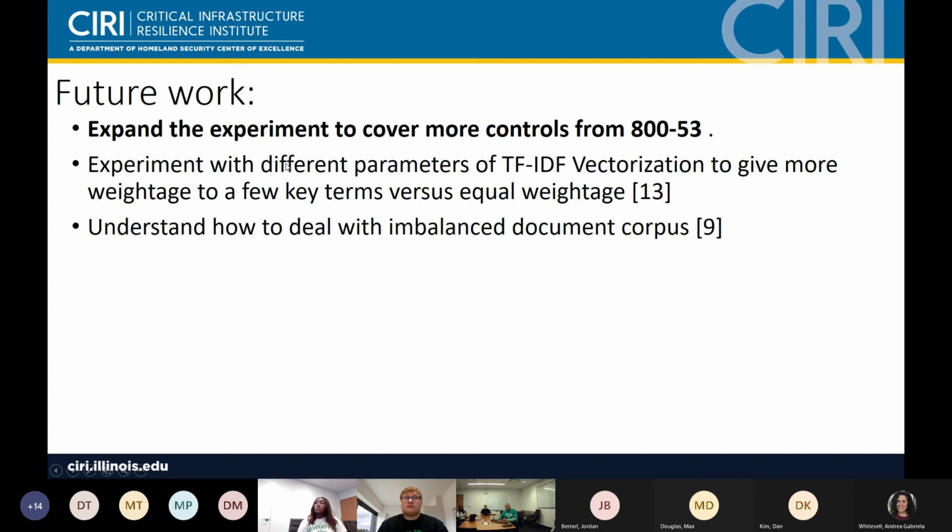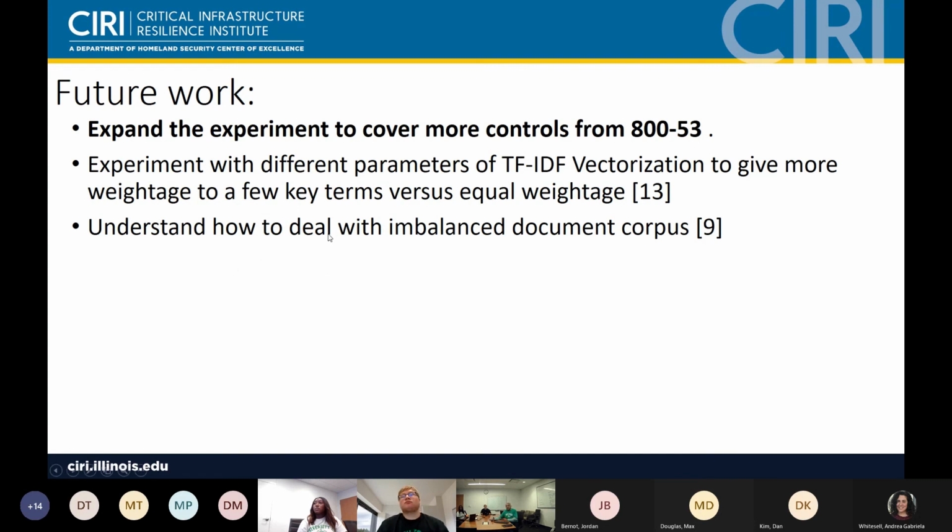We do certainly have ideas about trying different parameters of TF-IDF vectorization, and also trying to identify some important terms for each control and see if we can give more weightage to them, and that way we can pull out better matching from the task, knowledge, and skill statements.